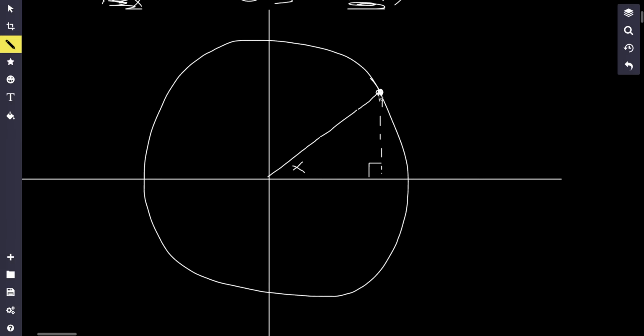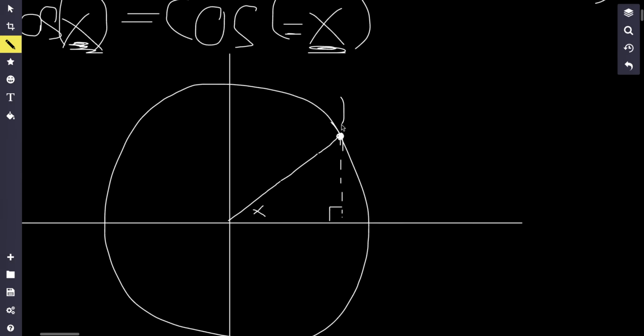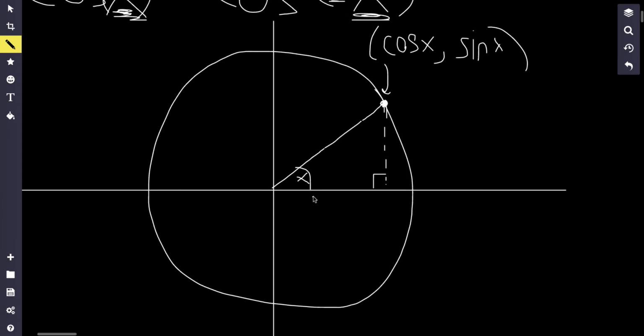And from your unit circle properties, you might remember that this point right over here is cosine of x, comma, sine of x. So it's going to be cosine of the angle you created, comma, sine of the angle you created, where cosine of x represents the x value, and sine of x represents the y value.